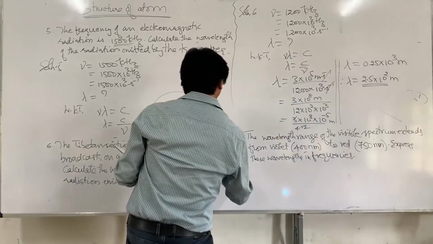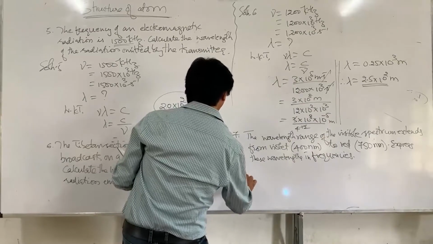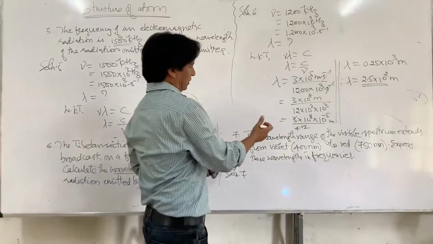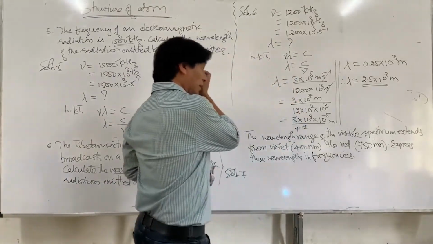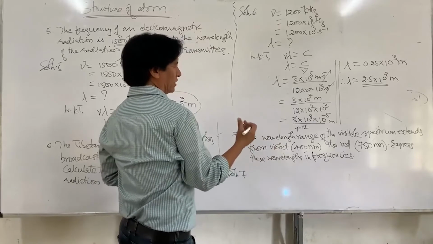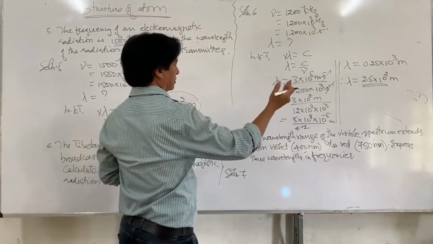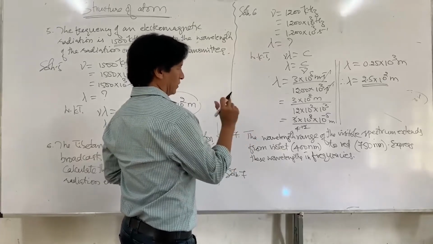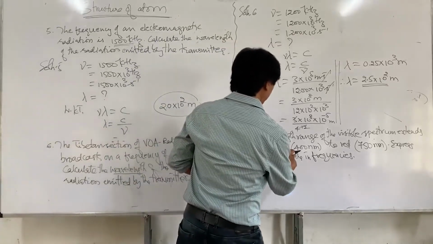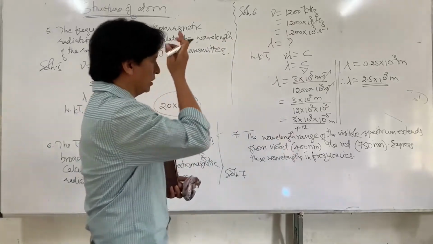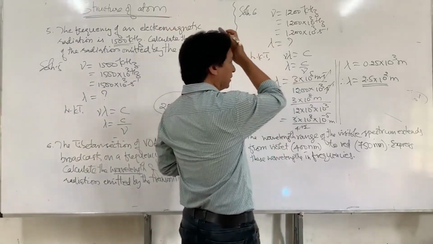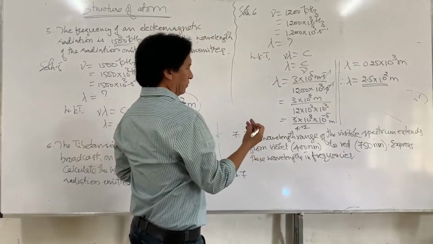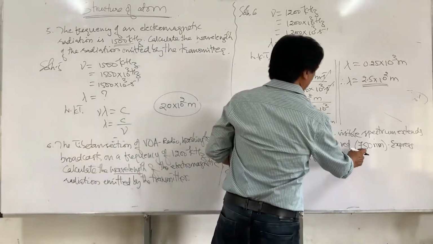Very good. So now, when you write the solution for this one, you're given the wavelength range of the visible spectrum. You saw the visible spectrum is from violet to red. So the violet component of visible light has a wavelength of 400 nanometers, and the red component of the visible spectrum has a wavelength of 750 nanometers.